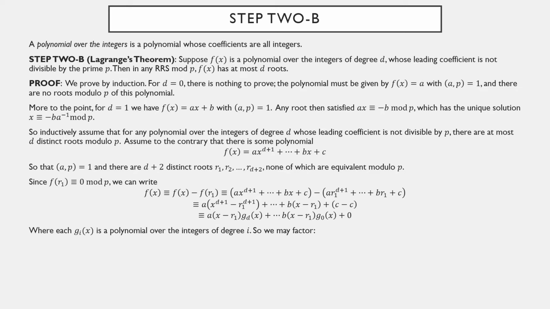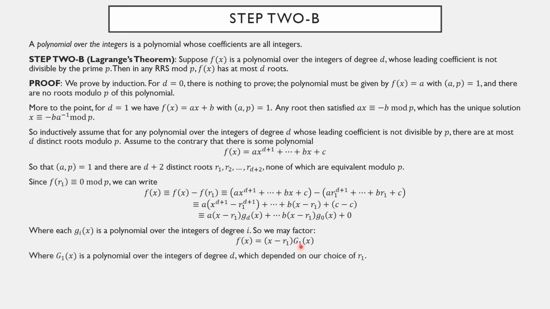So we can actually factor the x minus r1 out of everything here. Notice what we now have is x minus r1 factored out gives me a constant times a degree d polynomial. The next term would give me a constant times a degree d minus 1 polynomial, all the way down to a constant times a degree 0 polynomial, and this vanished anyway. So we have x minus r1 factored out, and now we have this big thing left over, g1 of x.